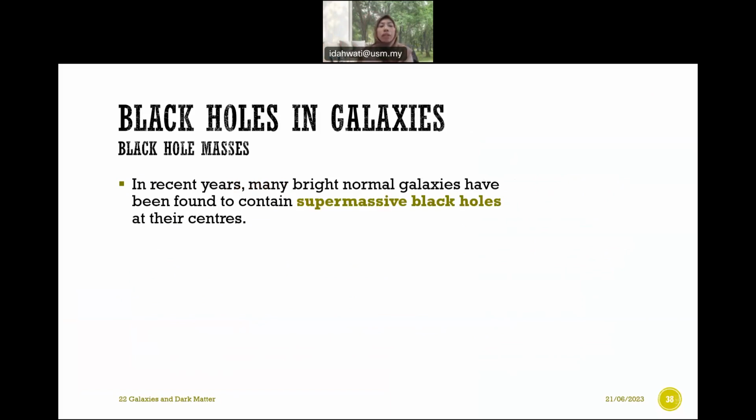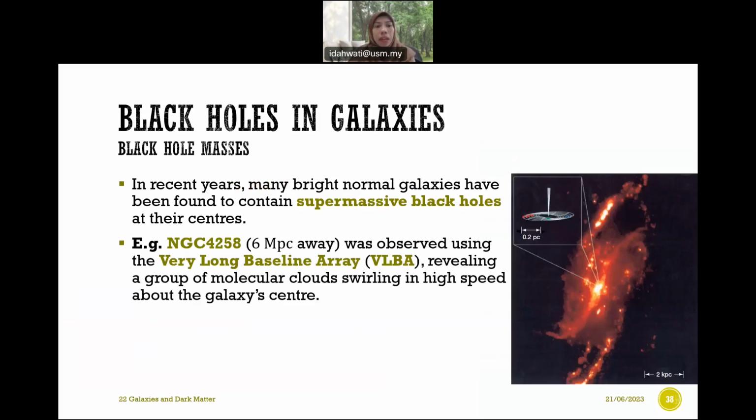In recent years, many bright normal galaxies have been found to contain supermassive black holes. For example, NGC 4258, observed using the VLBA, reveals a group of molecular clouds swirling at high speed about the galaxy center here.